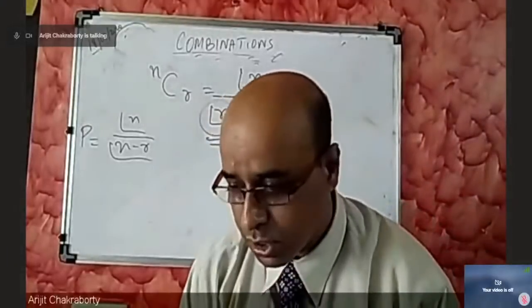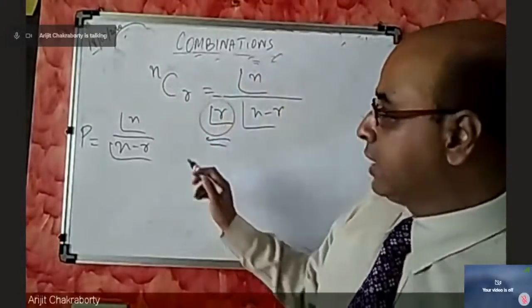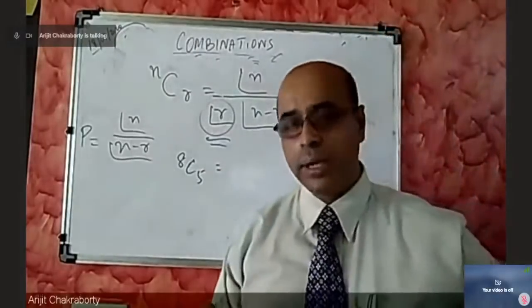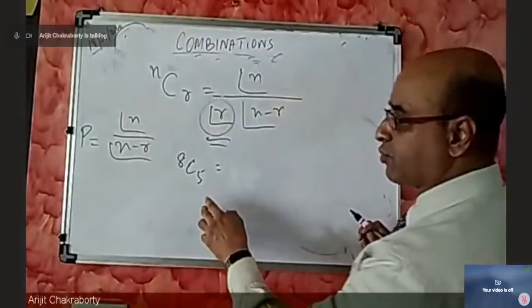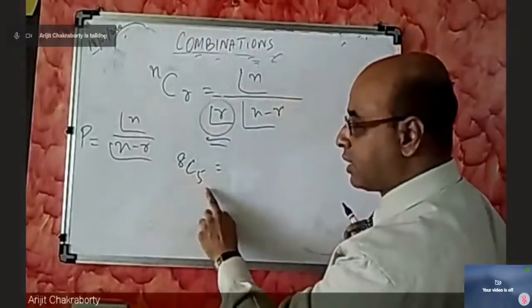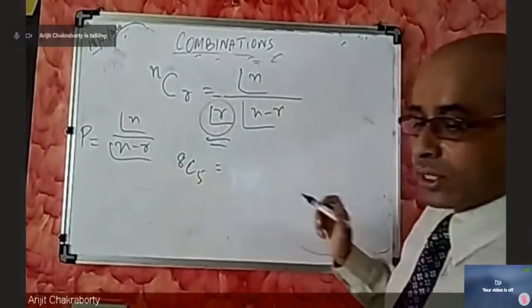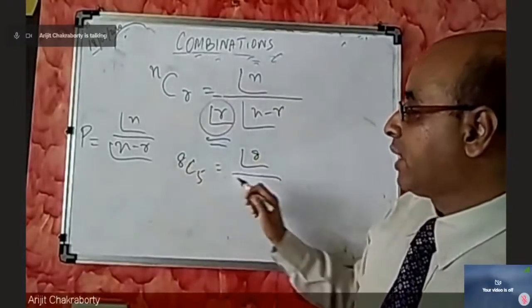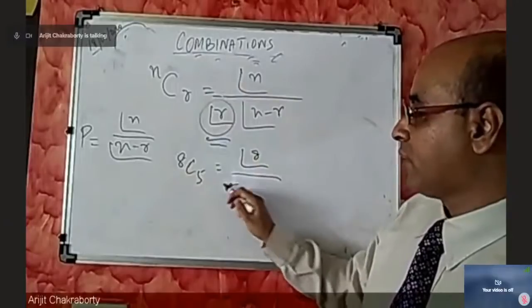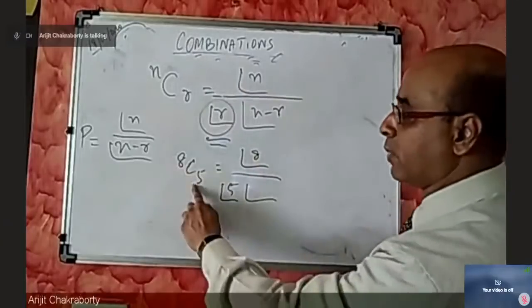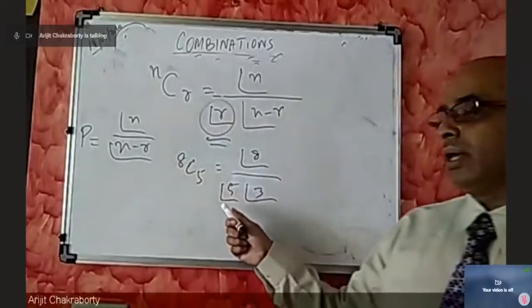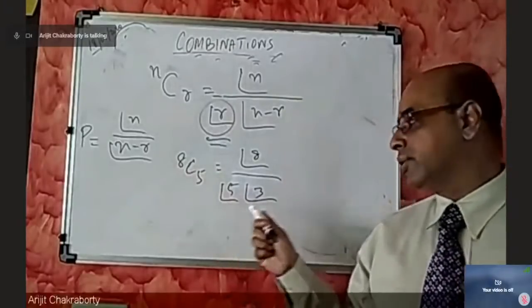Let's take a few examples. 8C5. So we are doing combination of 8 objects taken 5 at a time. 8C5 is 8 factorial in the numerator divided by r, that is 5 factorial, multiplied by 8 minus 5, that is 3 factorial. So 8 factorial divided by 5 factorial into 3 factorial.